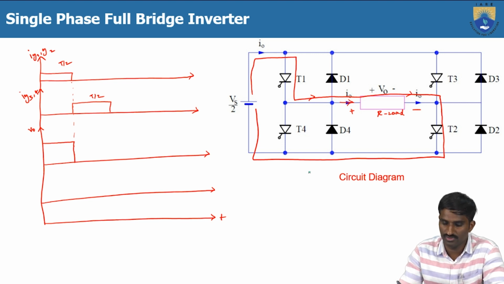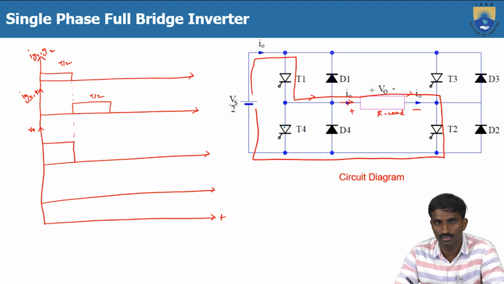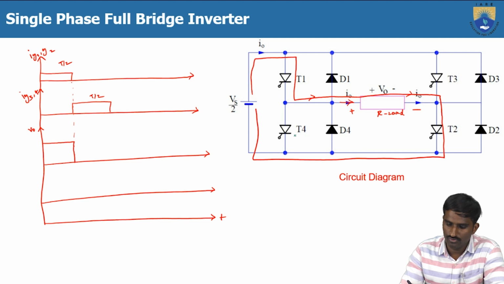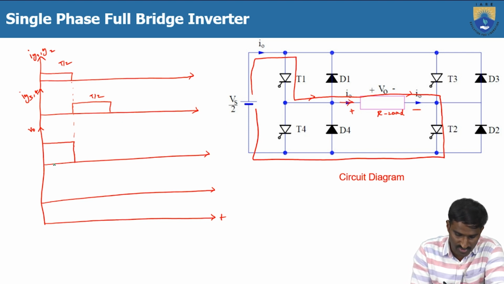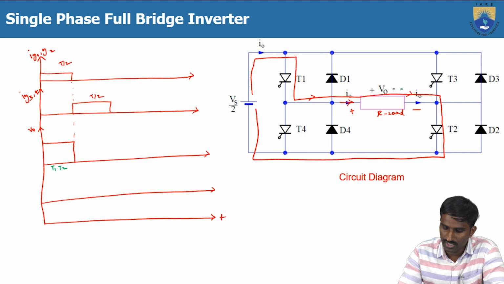Of course, for simplification, I did not include any commutation circuits or any gate firing circuits, right? So when T3 and T4 are triggered, the thyristors T1 and T2 immediately turn off.